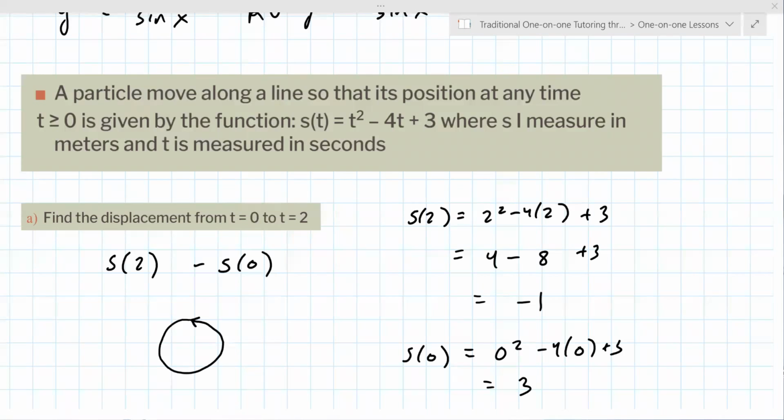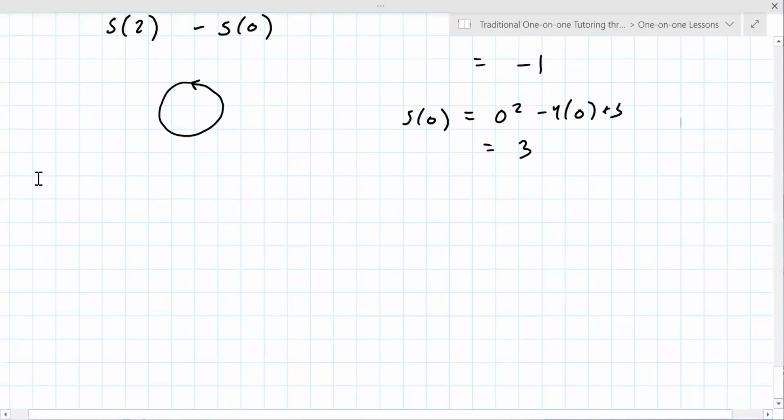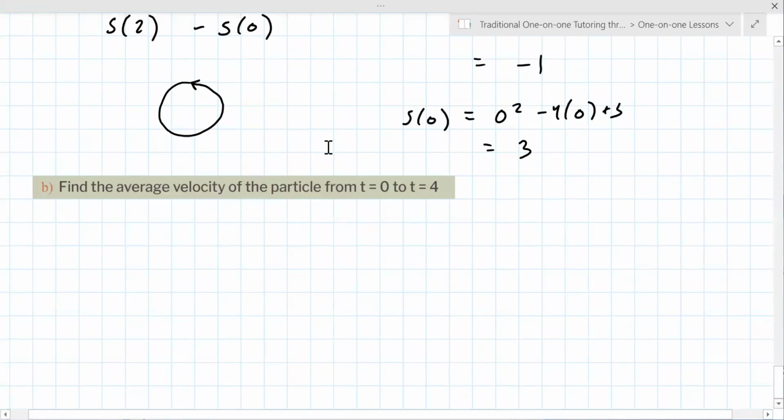It's part B, and B through F. So let me jump to those. The average velocity, and see, there's so many things thrown at you. This is where it gets confusing as a student, because you're just barely learning this.